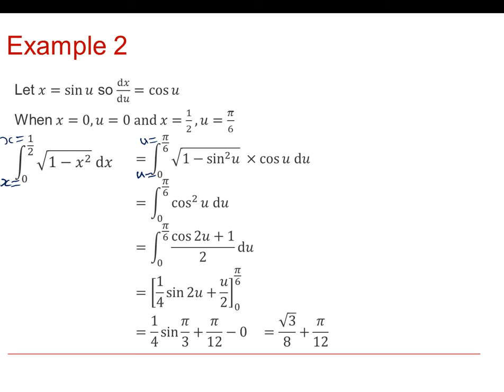Note here that in order to deal with the cos squared u, we needed to use that double angle formula. And remembering that we can, this factor of 2, if we want to, we can always take it outside the integral. It doesn't matter, as long as you make sure that you get the right fraction as you go through your working.